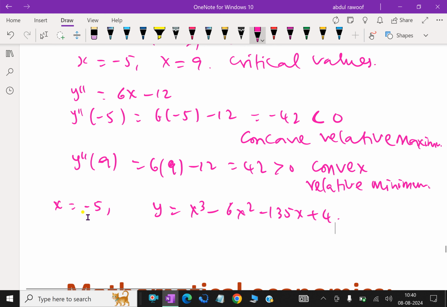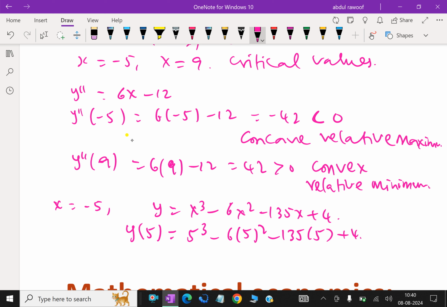For maximum, that is maximizing the function, we have to use y of minus 5, that is x cube minus 6 into x squared minus 135 into x plus 4.